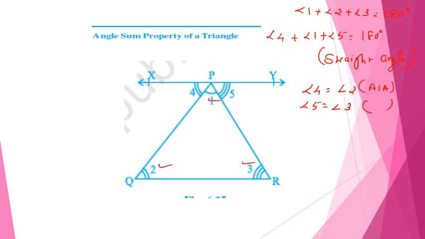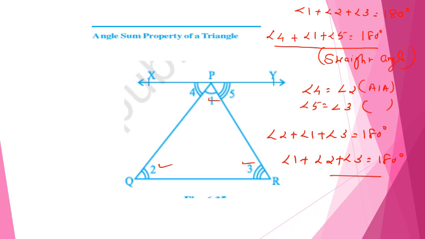So instead of angle 4 I am writing angle 2, and instead of angle 5, angle 3. So angle 1 plus angle 2 plus angle 3 is equal to 180 degrees. So this is the proof of the angle sum property of a triangle.